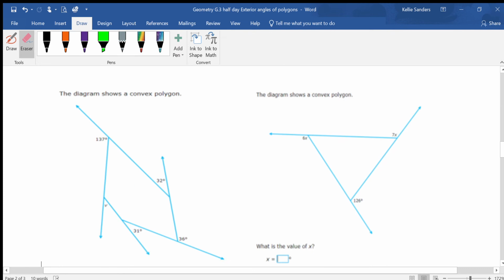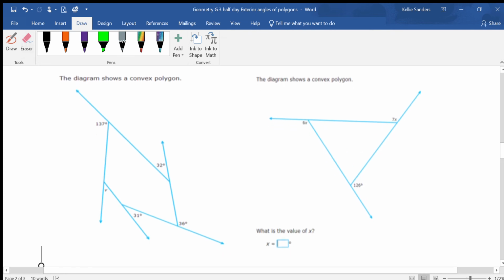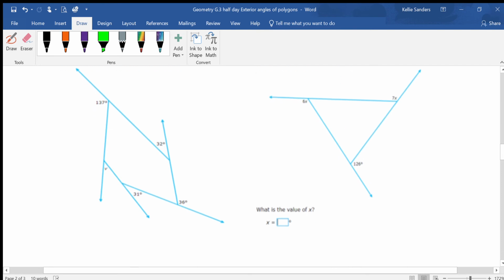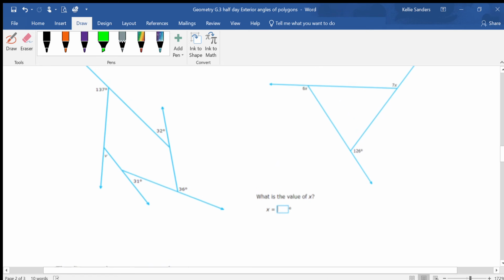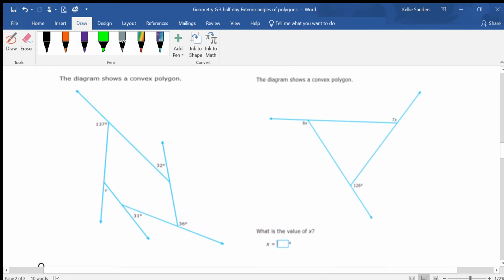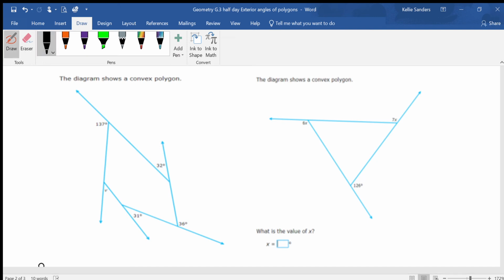So on this, when it says the diagram shows a convex polygon, I'm going to assume it was supposed to say what's the value of V. We'll just assume that. We'll make up our own question and answer, right? Okay, so 1, 2, 3, 4, 5 exterior angles. We have all 5 of them.